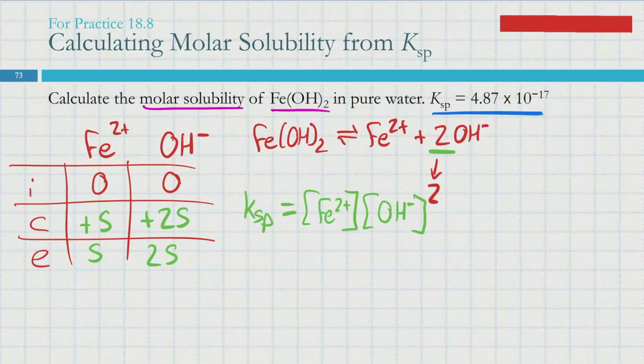This is the tricky twist. We've been looking at plus x, minus x so much. So this is the little tricky twist. We plug in our S and our 2S, respectively, for Fe2+ and OH-. Ksp equals S times (2S) squared.